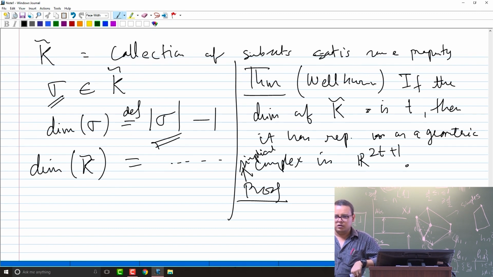It should be a geometric simplicial complex, let us say represented in some R^D, and let us call that geometric simplicial complex K. For each dimension j simplex in K tilde, you have a geometric j simplex in K, and it should be a one to one map. It should also preserve the intersection property.